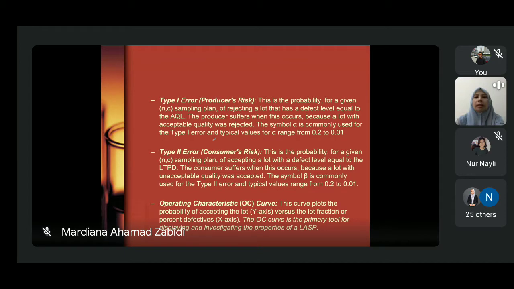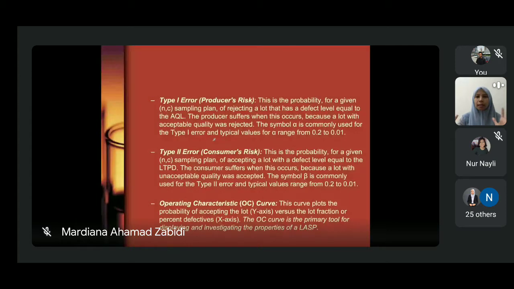Okay, to simplify this type 1 error, meaning that when we collect the sample, okay, kita check sample. But then after we perform the testing, we came to a conclusion that this particular lot, okay, maksudnya the finished product of that day, needs to be rejected, okay, because we wrongly made a decision from the testing.